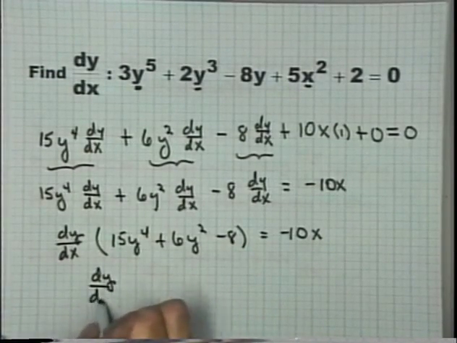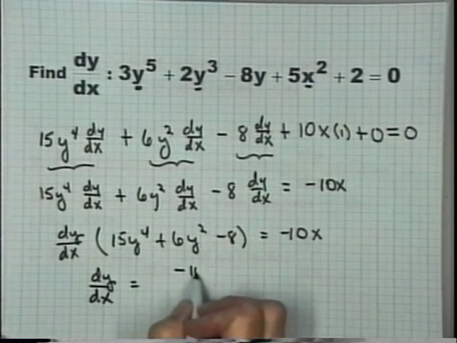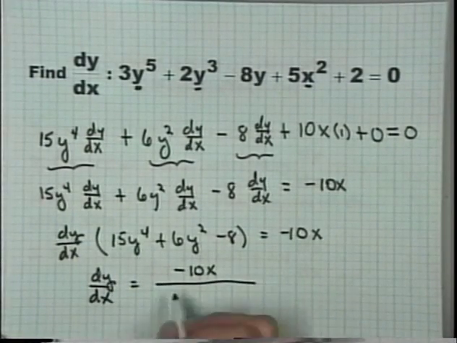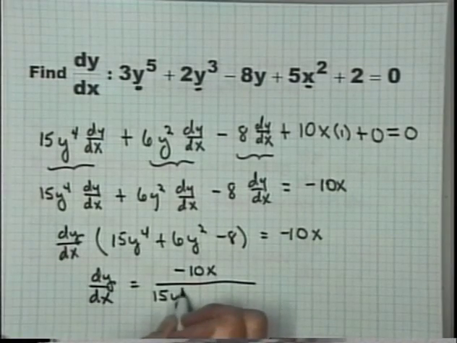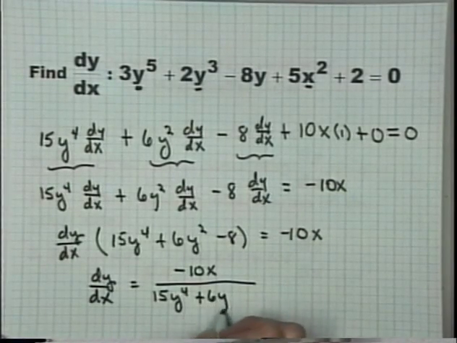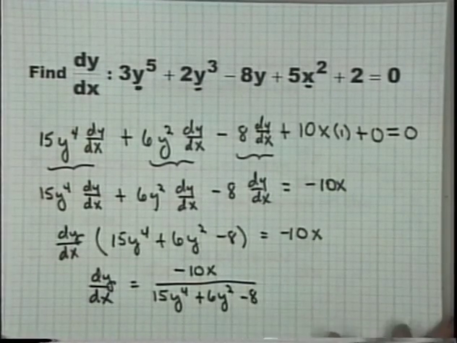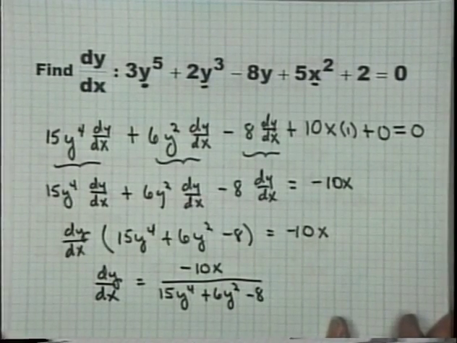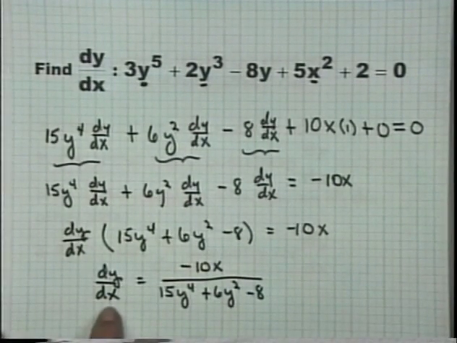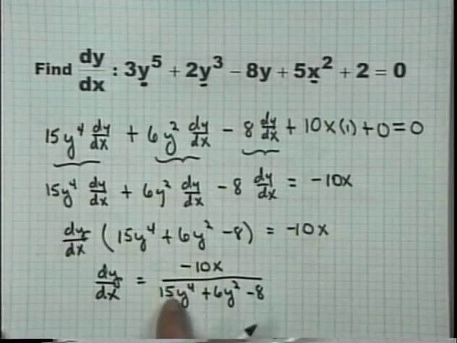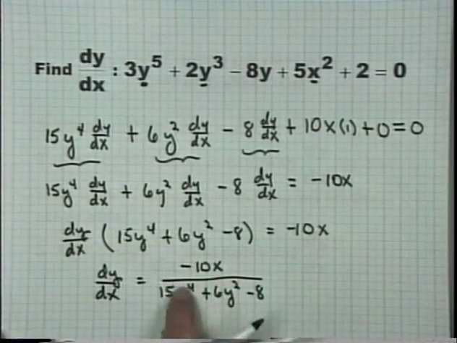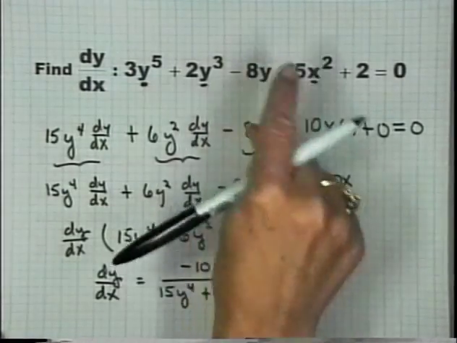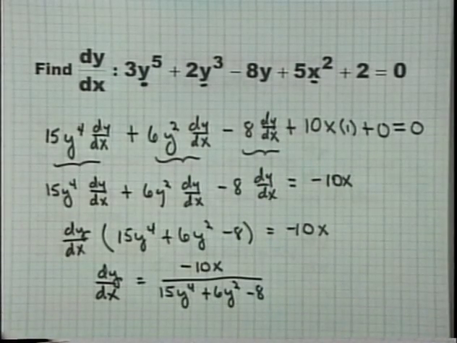So dy dx will equal the negative 10x divided by 15y to the 4th plus 6y squared minus 8. Now you'll notice that I was able to solve for dy dx, but you'll notice over here it's sort of in an implicit format in the sense that my x's and y's are all mixed together, kind of like they were up here in the original function.